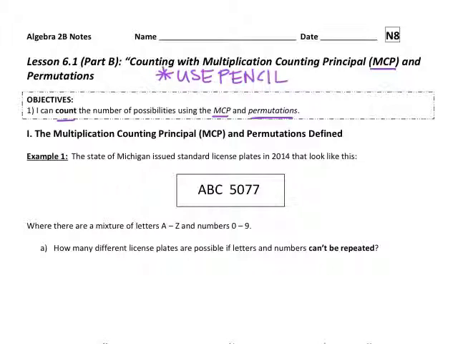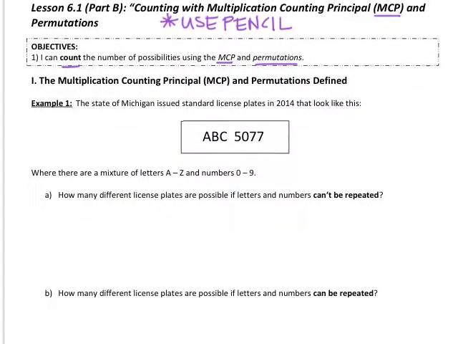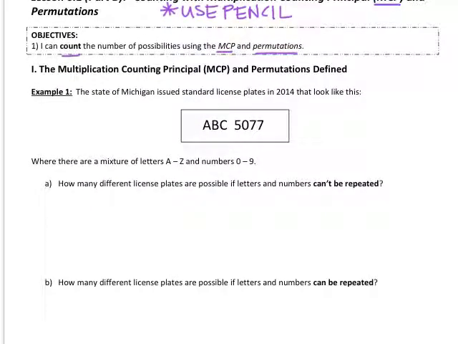So we're going to practice a few different examples of how to use both the multiplication counting principle and permutations. Remember, when we were talking about combinations, order was not important in terms of how the items were placed in the groupings that we chose. Permutations, order is important.